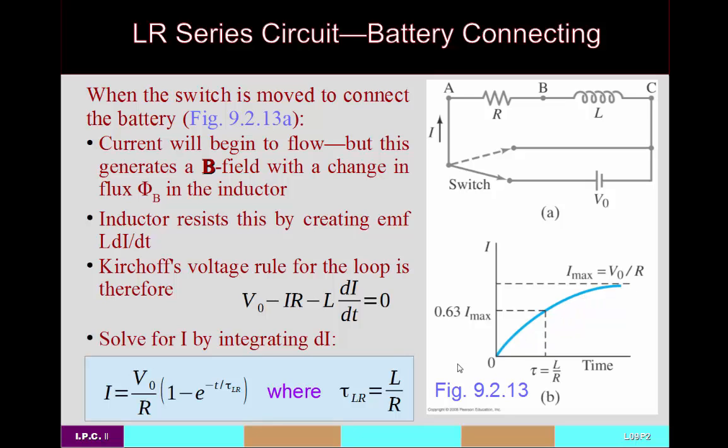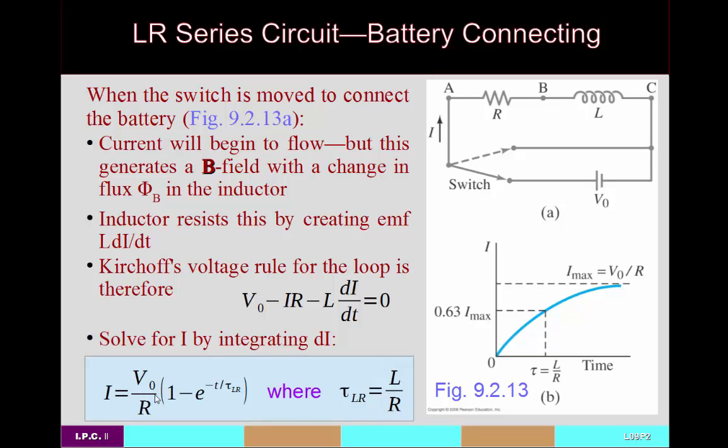So that looks basically like this. This tau LR is basically the LR rise time, and that is given by the inductance divided by the resistance.